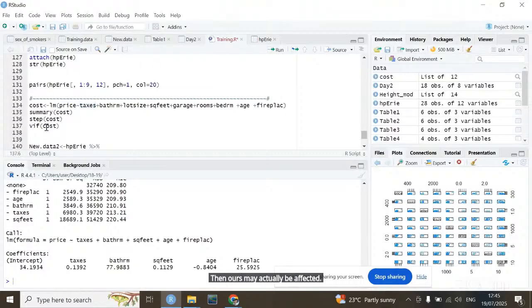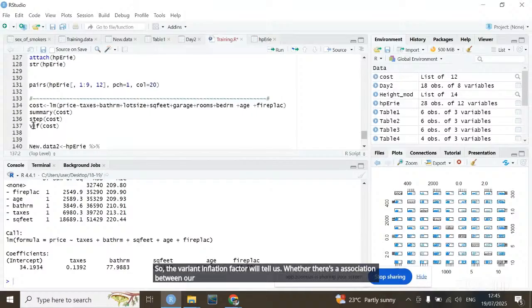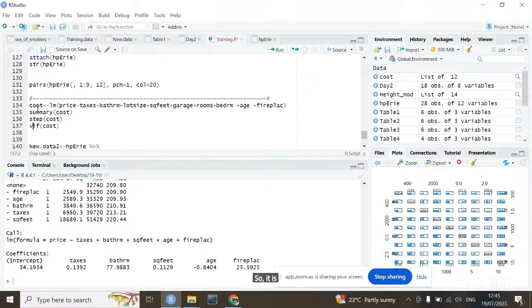That's why we have to use the variance inflation factor. The variance inflation factor will tell us whether there is an association between our predictors. It is easy to determine. You just write VIF and you put the name of your model.